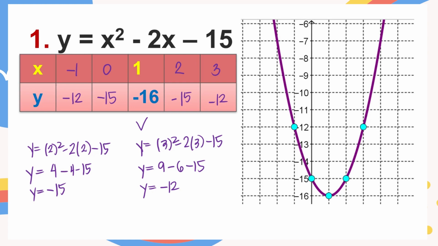You can see here the vertex at the center, at the middle. So the vertex is at point 1, negative 16. And then if we're going to illustrate where is the axis of symmetry, the axis of symmetry is a line that will be passing through the vertex.